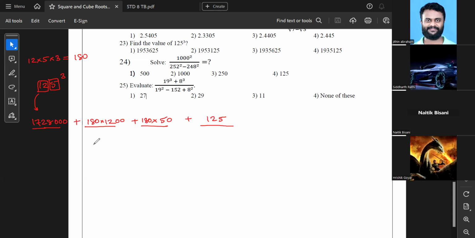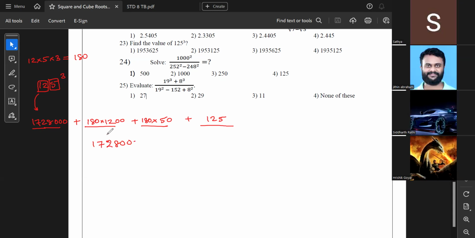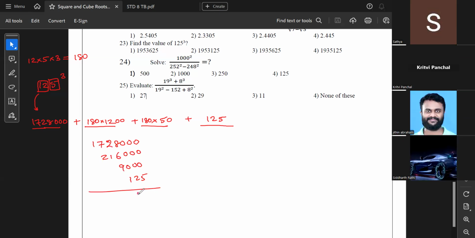So now you have to add all of them: 1728 followed by 3 zeros, the next one is 2160 with 2 zeros, that is 21600, then 9000, I suppose, yeah, 9000, and the last one is 125. Now you simply add all of them. 125 comes by default in the last, and then you have 5 plus 2, 7.